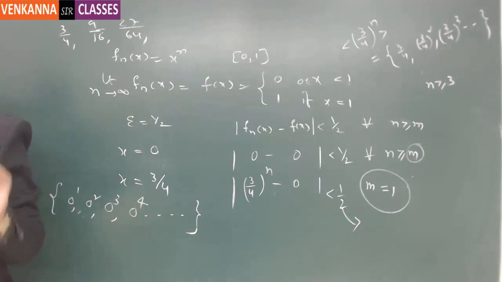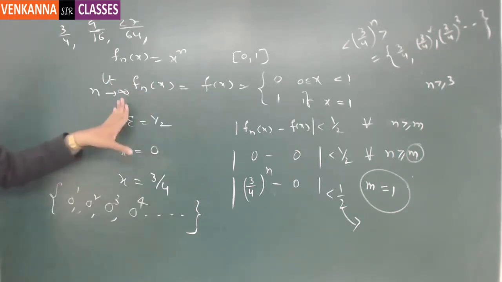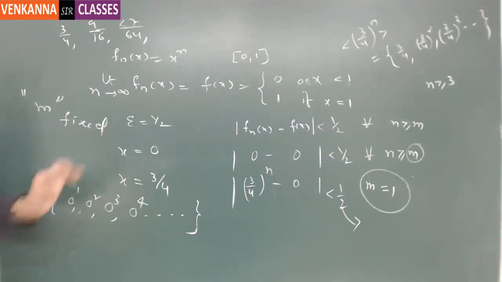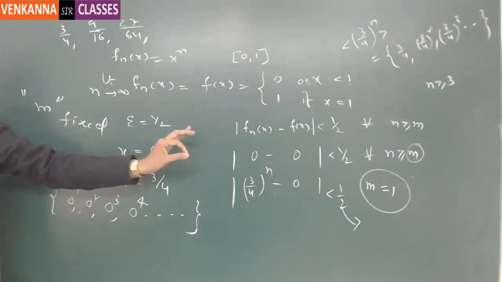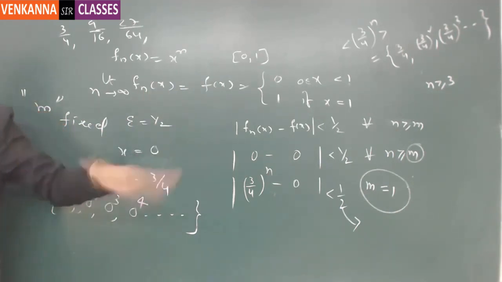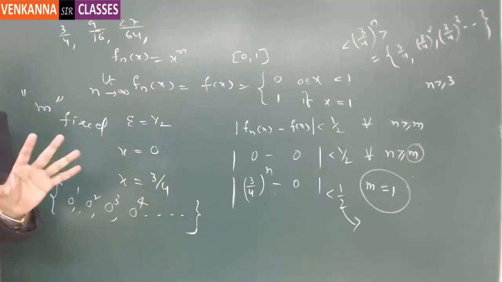Now, what about uniform convergence? If you say that fn of x converges to f of x uniformly, whatever x value you take, the m value is fixed. So if I take epsilon is equal to 1 by 2, I will get only one m value. You can take x is equal to any number, 0, 1 by 2, 1 by 3, 3 by 4, anything you take, m will be fixed.